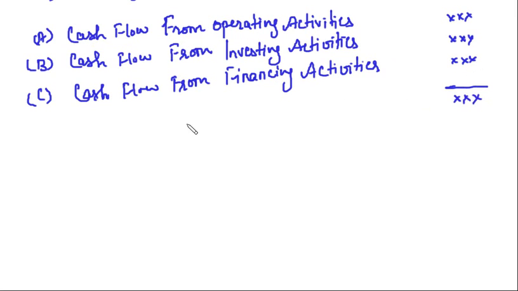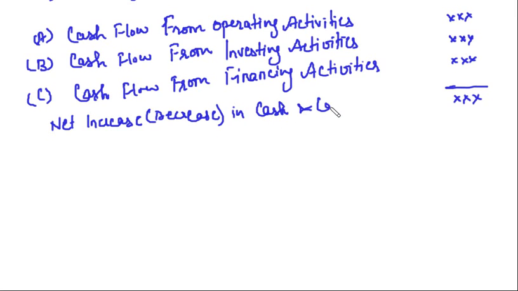Now this net amount we will say as net increase. In bracket we'll write decrease, that is if it is a negative cash flow, in cash and cash equivalents. Right? So this is the net flow of cash and cash equivalents.